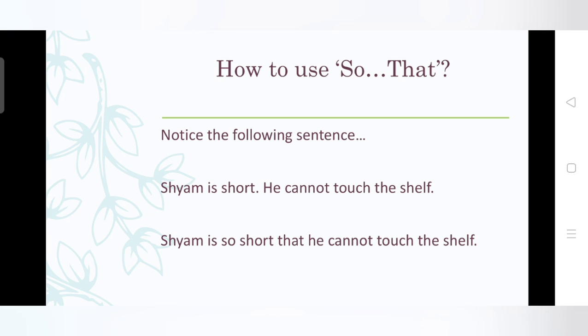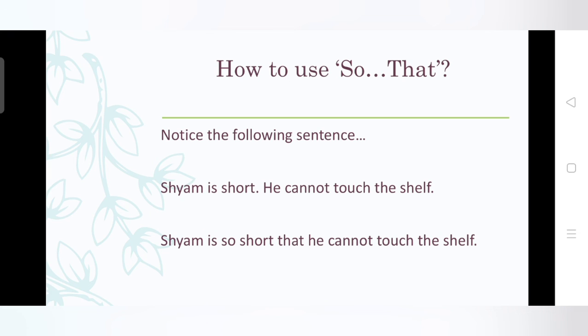First of all, look at the first sentence, that is Shyam is short. In this sentence, Shyam is a subject, is is a helping verb, short is the adjective of the first sentence. So I should put so before the word short, because short is an adjective. The sentence will be, Shyam is so short.